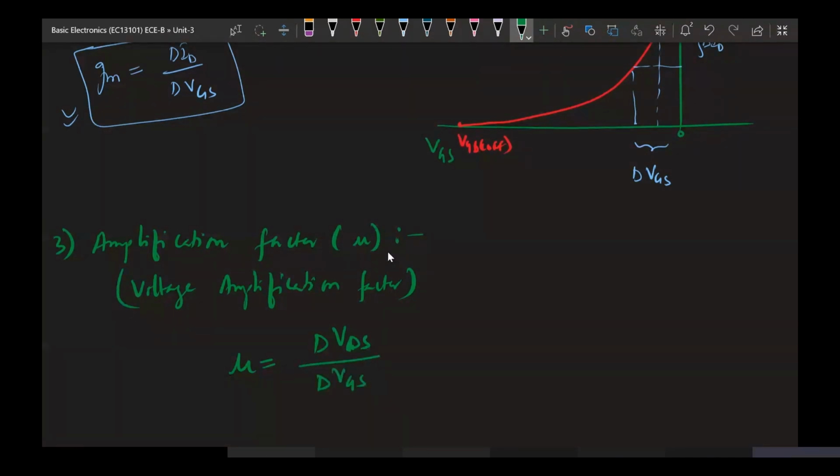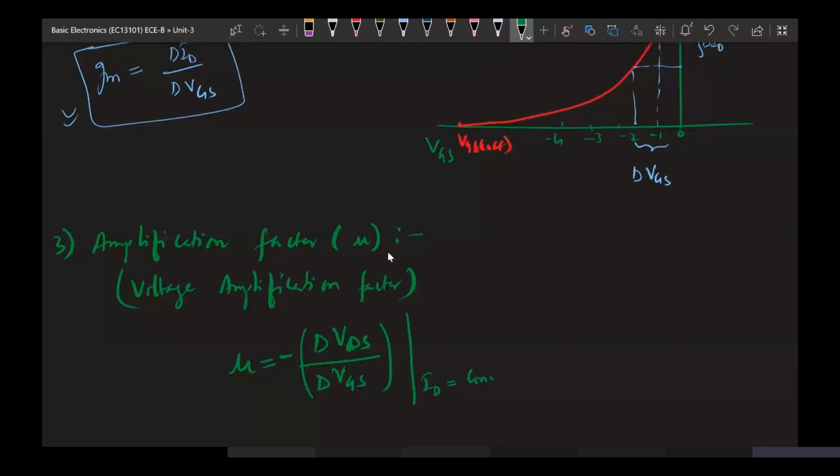But this VGS is on the positive side here, while VGS is defined on the negative side: -1, -2, -3, -4, and so on. So these two are of opposite nature. So mu is defined as the negative of this, and this is defined at constant ID.